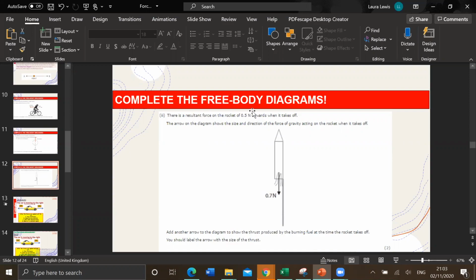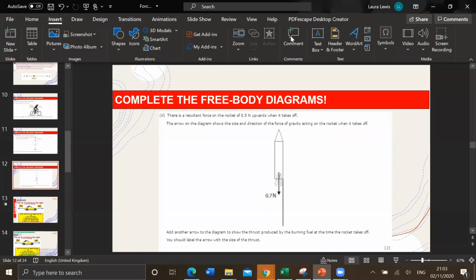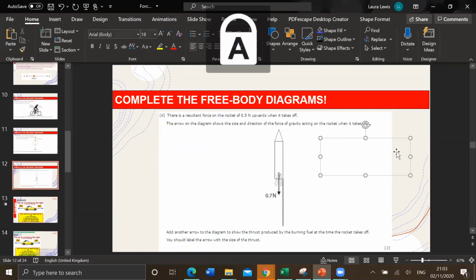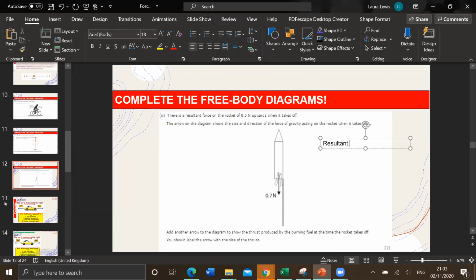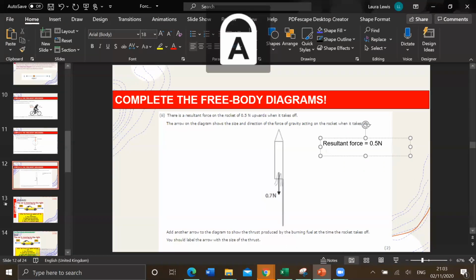If the overall is 0.5 and gravity is 0.7, let's write this out. We've got resultant force 0.5 newtons, and gravity 0.7 newtons.